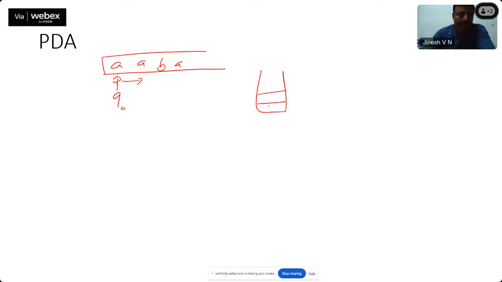Initially the stack will be empty, but you are considering something as the initial stack symbol. Why this is required is, with respect to a digital computer, whenever you are running your program, not only that program but so many other programs are running parallelly in the system.